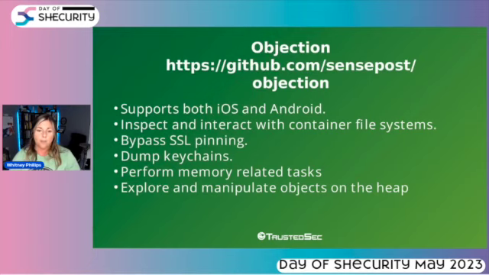Next, I have a tool called Objection. Objection is supported on both Android and iOS. This is kind of my meat and potatoes of all my testing. So I use Objection to interact with the application, bypass the SSL pinning mostly on Android, dump keychains, and perform memory leaks.